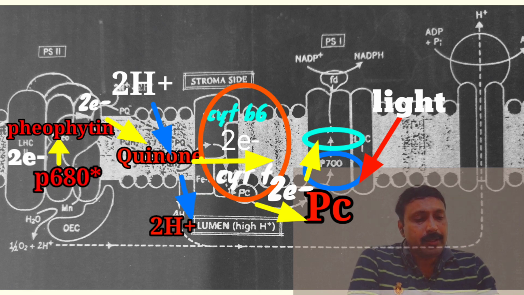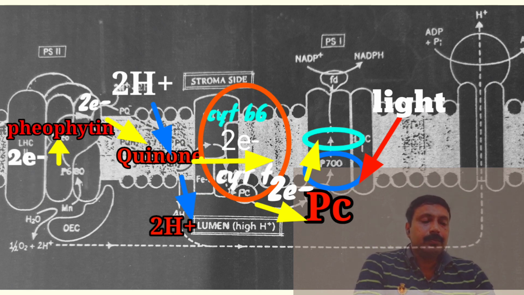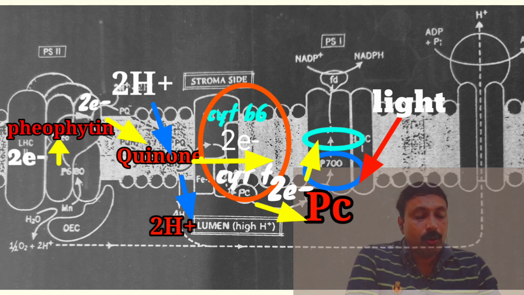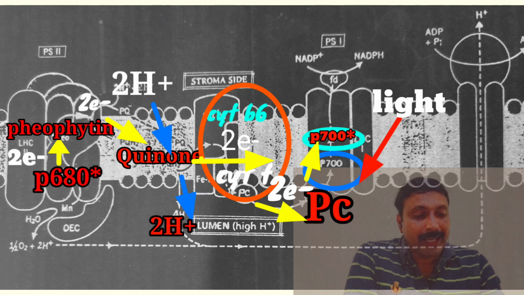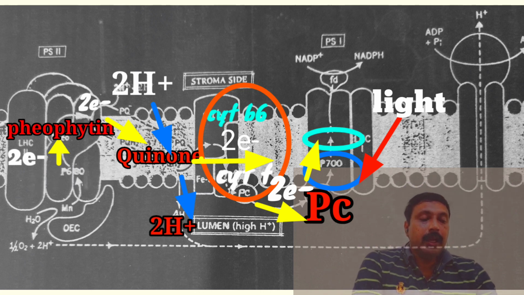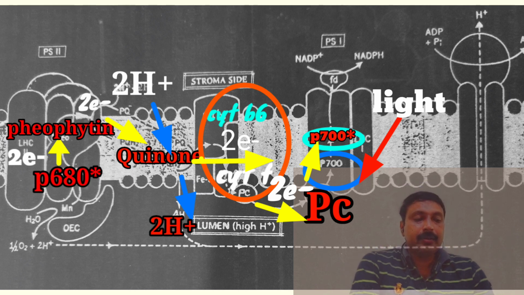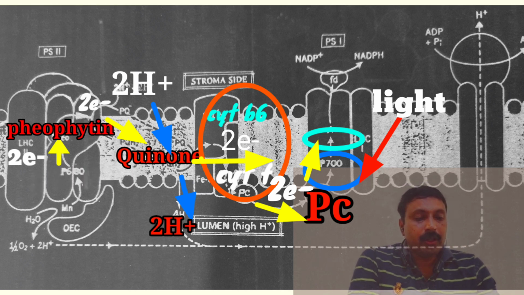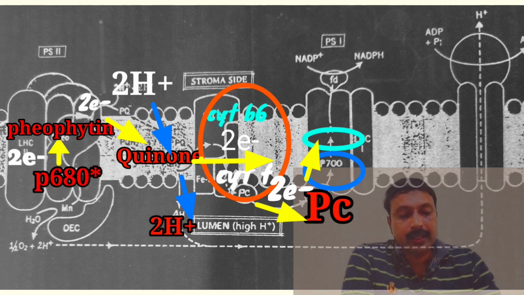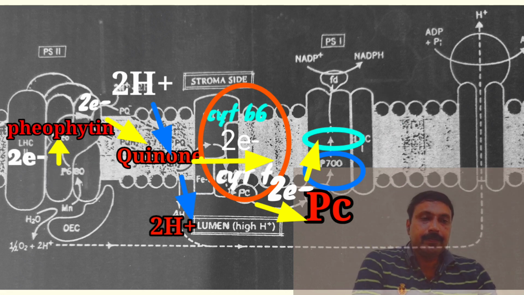Here the reaction center means chlorophyll A of photosystem 1. This chlorophyll A absorbs maximum light at about 700 nanometers, hence it is called P700. In photosystem 1, the reaction center is P700. In photosystem 2, the reaction center is P680.